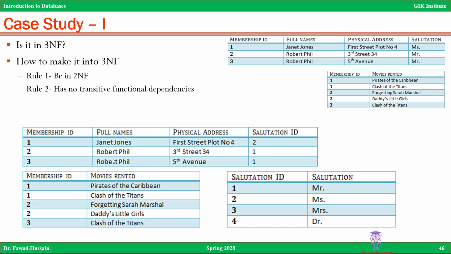So what we can do here is the full name is here, the salutation ID and the salutation are here, and we can have the memberships here and the ID over here.